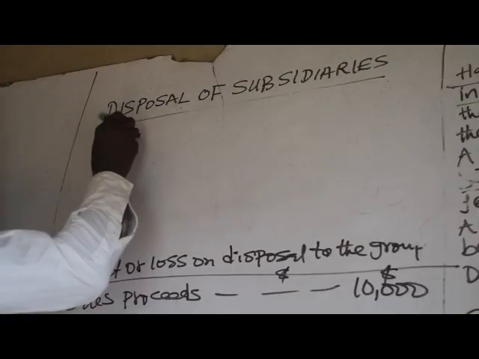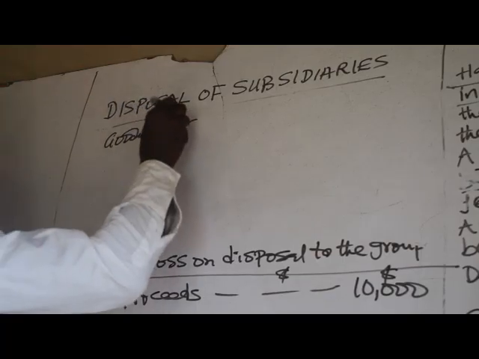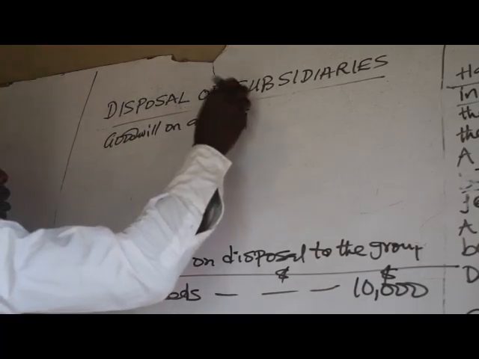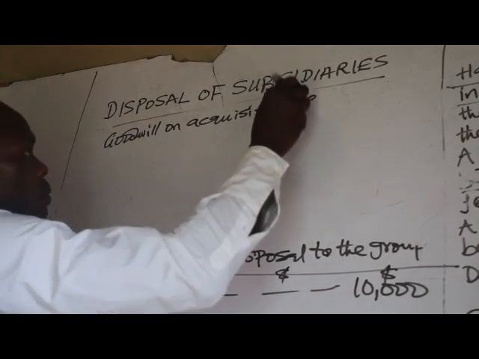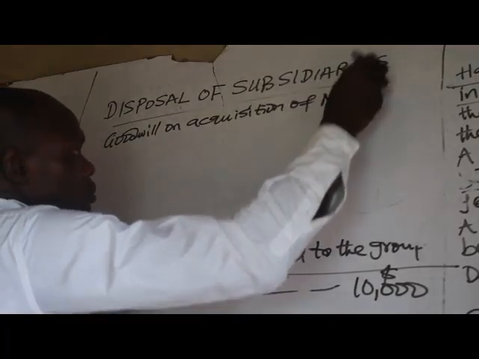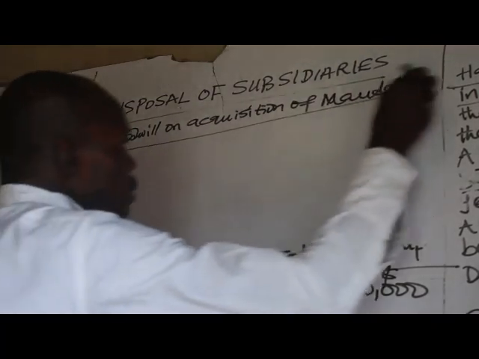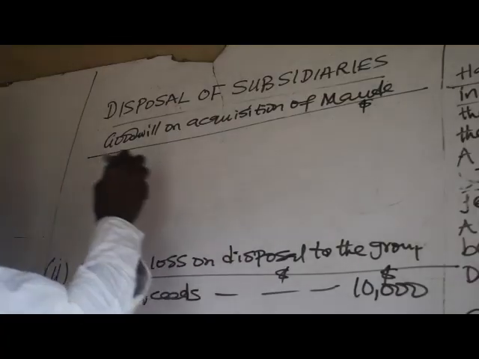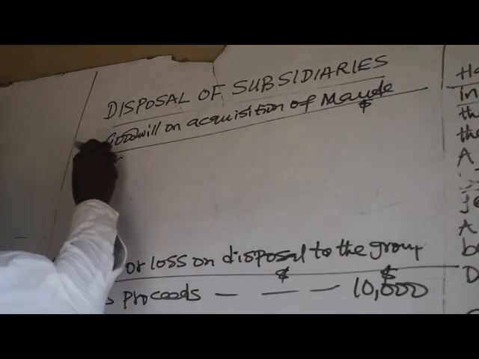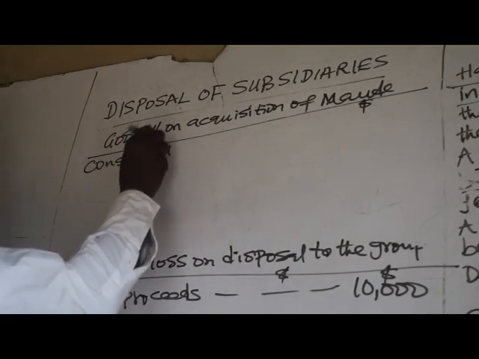Goodwill on acquisition of Mild. To calculate goodwill, we have purchase consideration or consideration transferred.